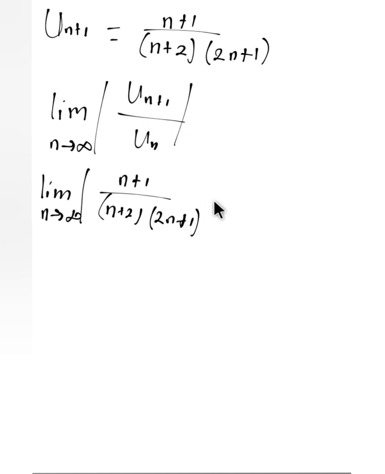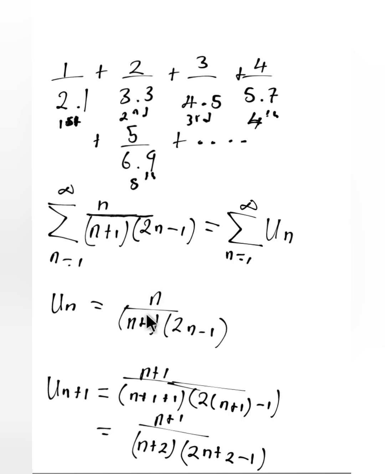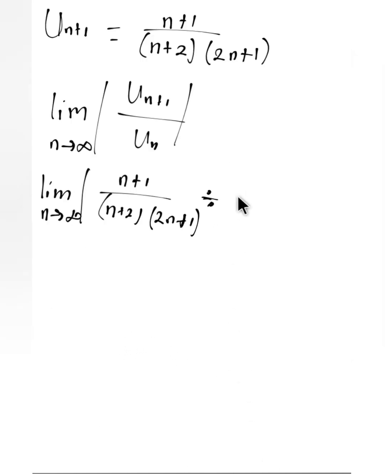Now this division sign, we can rewrite it to make it easy for us. So un is equal to n all over n plus 1 bracket 2n minus 1.